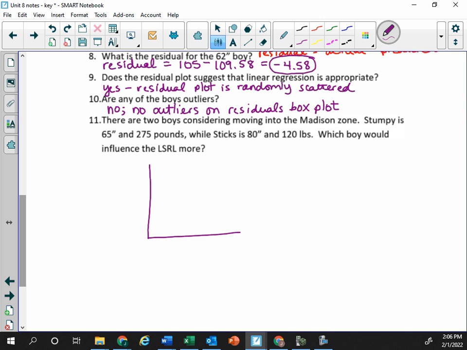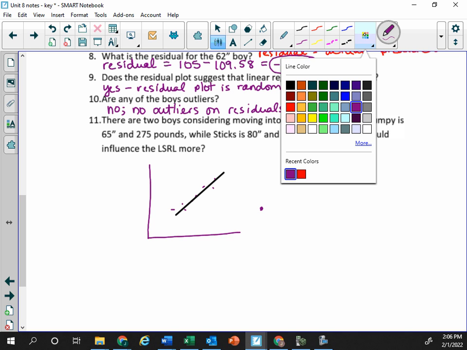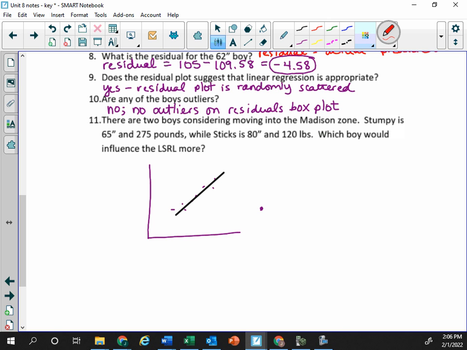If you think about your points here, 80 inches is going to be way out here and 120 pounds. Do you see how that's going to pull that line down more than someone who was 65 inches and 275 pounds? Like that one might shift the whole line up, but it's not going to really change the slope of the line.